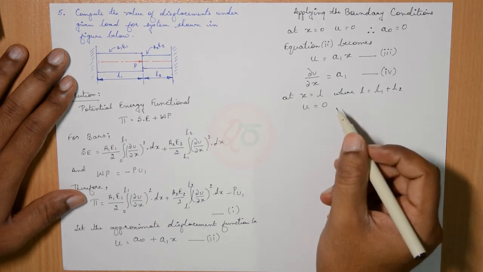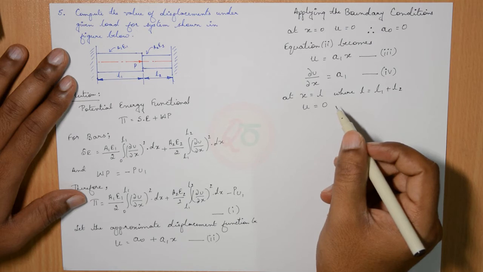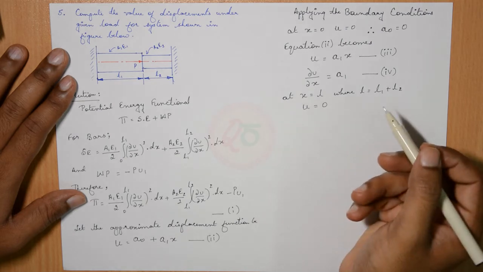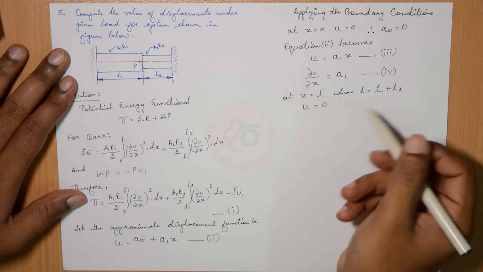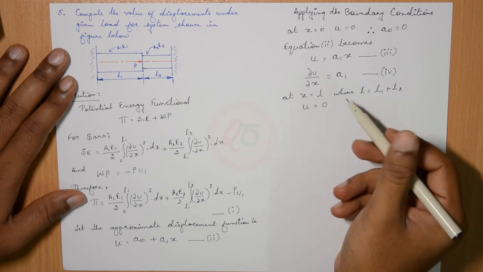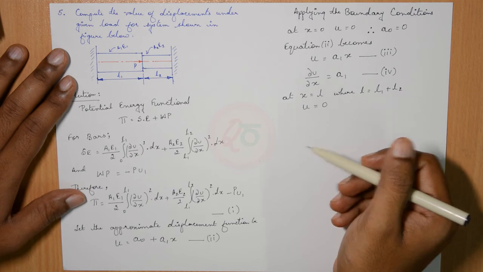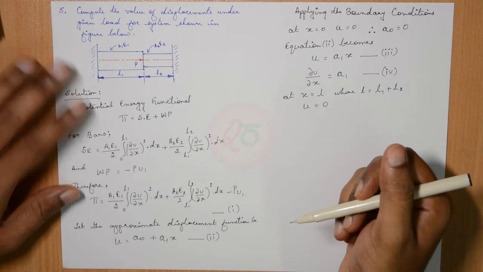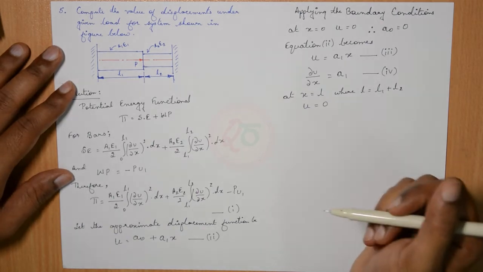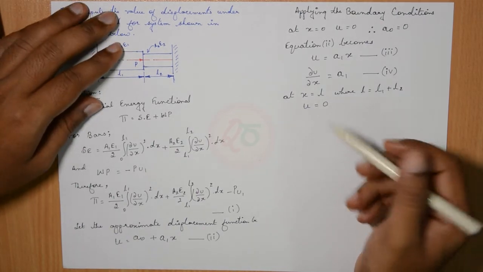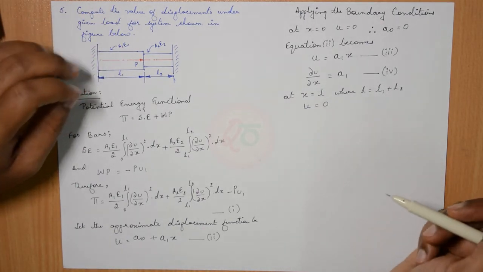Now since on the rightmost end you also have the displacement to be 0, we can take this condition for the assumed polynomial u equals a naught plus a1 into x. But where does this particular boundary condition arise?